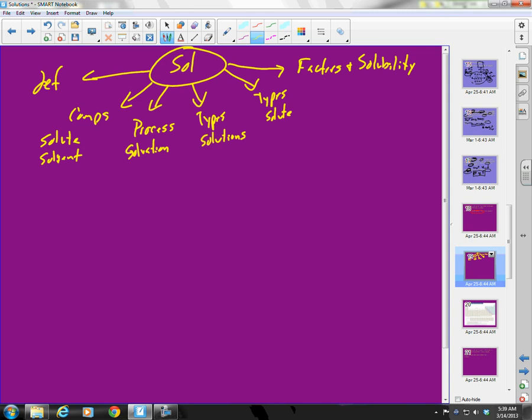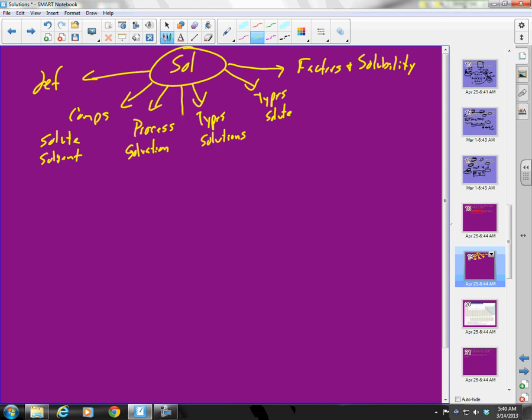We said that temperature is a factor: when I raise temperature, solids and liquids in water tend to increase their solubility, but when I raise temperature, gas in water tends to decrease its solubility. And then pressure. Pressure has very little effect on solids and liquids, but as I increase pressure over the gas, there is more solubility. The gas dissolves at a greater level. Good. So that's kind of where we are.